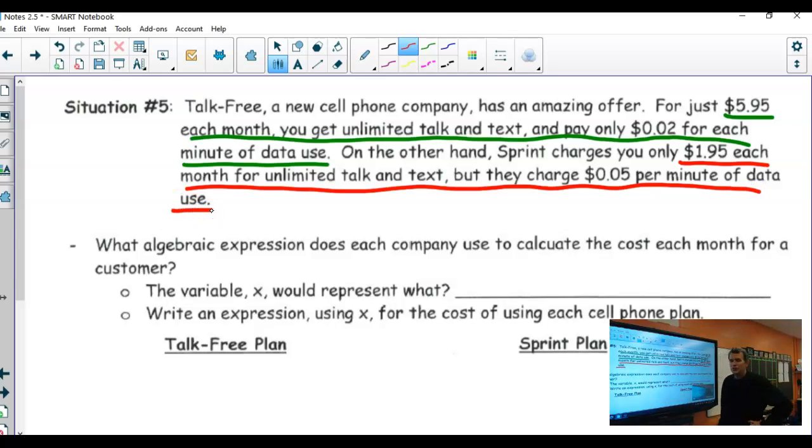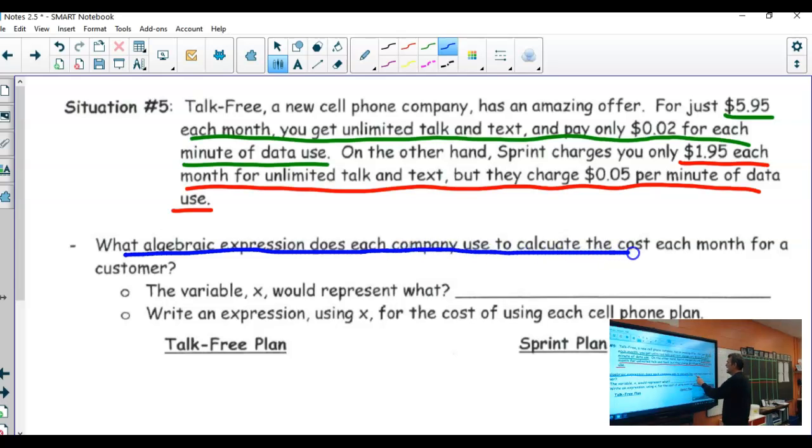All right, so 2 real situations here. We got 2 cell phone companies. What do we want to do? What algebraic expression does each company use to calculate the cost each month for a customer? All right. So first I have to decide, what is my variable X going to represent? I want X to represent the amount that varies each month in the cost. All right? This does not vary.